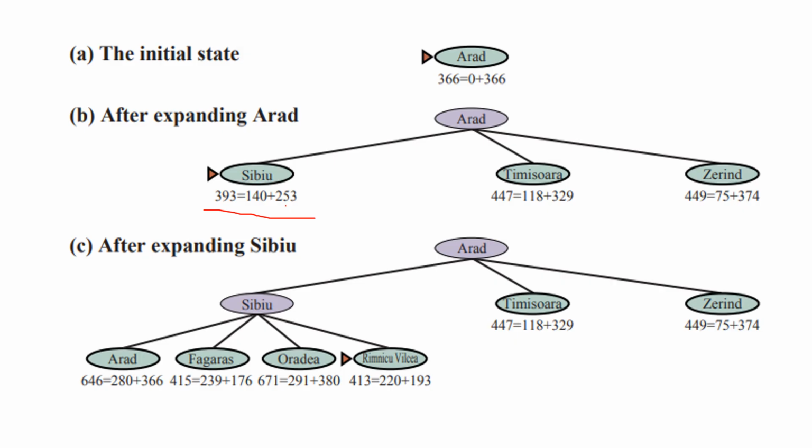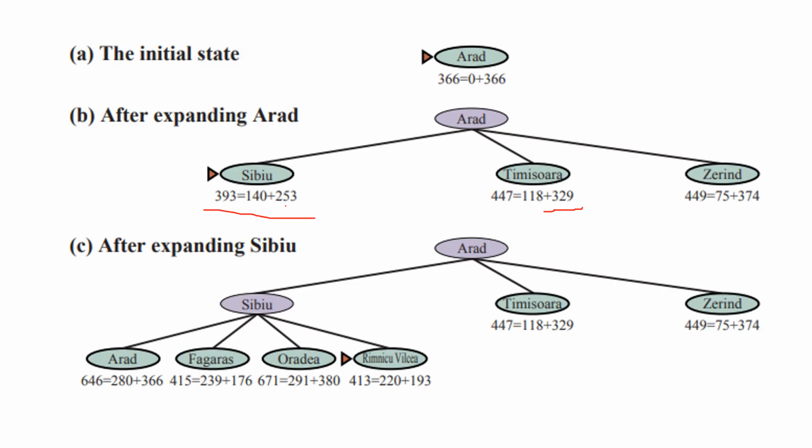Similarly for Timisoara we take g of n and h of n. Timisoara has g of n of 118, the distance from Arad to Timisoara, and from Timisoara to Bucharest the straight line distance is 329.